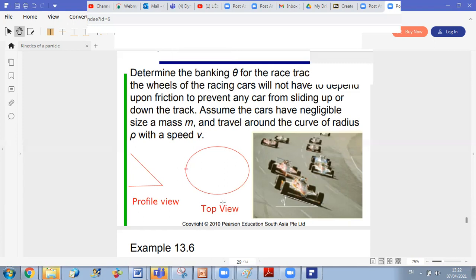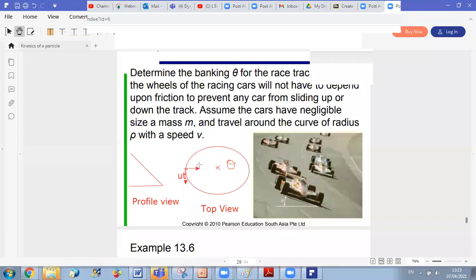Since it's rotating on a circle, I will take ut tangent to the path, perpendicular to the radius. So this is vector ut at a certain instant, if my particle is here. How is un? Un is always directed towards the center of curvature. So if the center of my circle is here, then UN is directed towards the center.